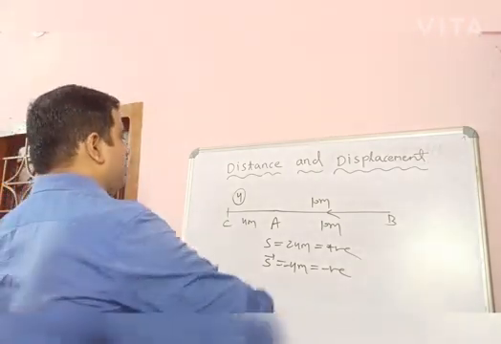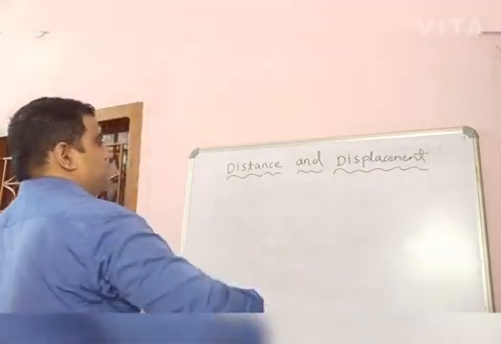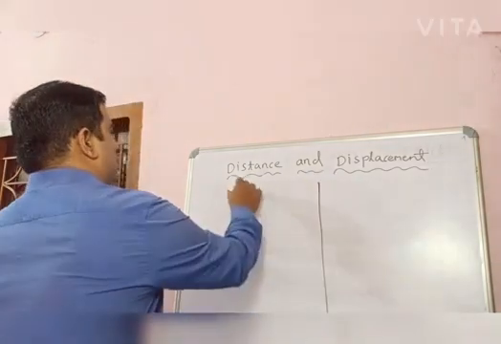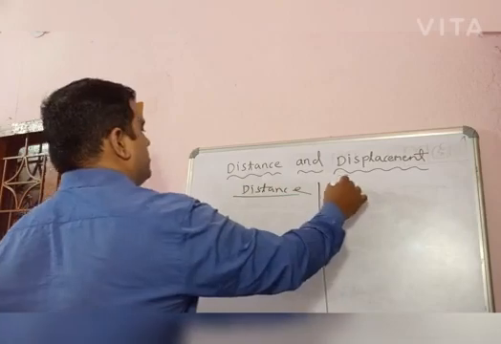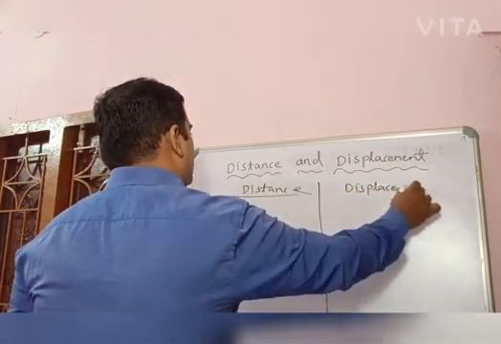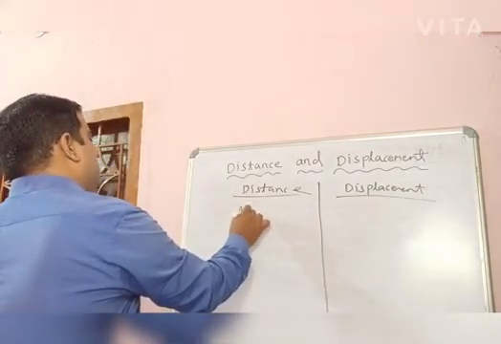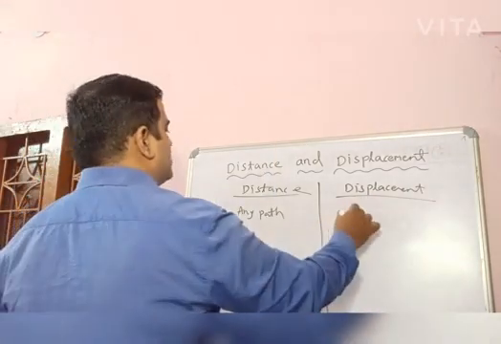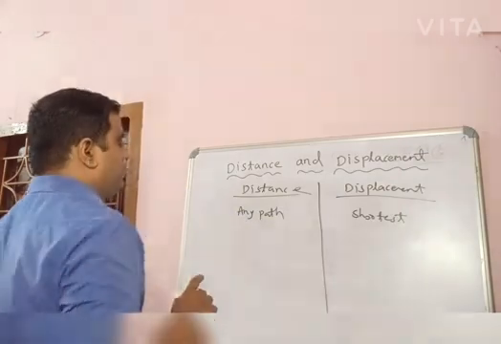Okay, then what are the differences we know between distance and displacement? On the left hand side is distance, and on the right hand side is displacement. What are the differences? We know distance is any path from one point to another point. Displacement is the shortest path from one point to another point.